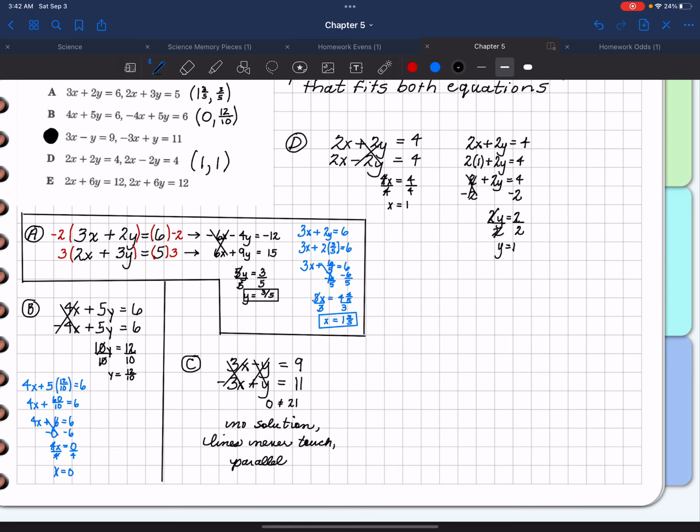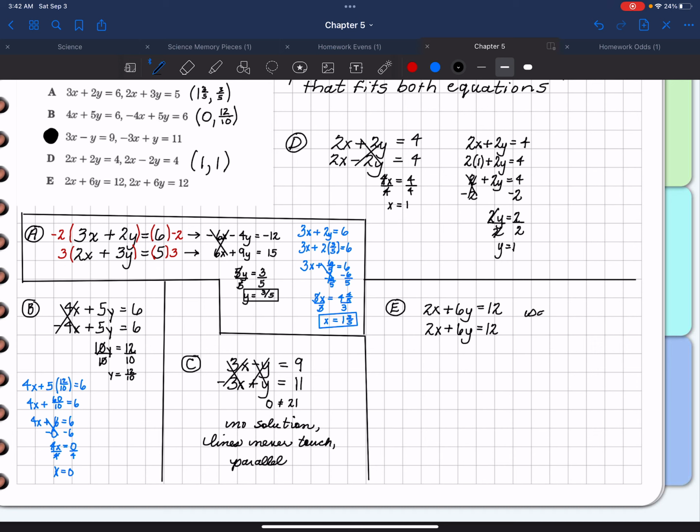And then finally E, which I do suspect E is going to have a solution because I've already found my no solution one, and that was C. So I have 2x plus 6y is 12. Okay, this one I don't have to do because it's the same equation, right?